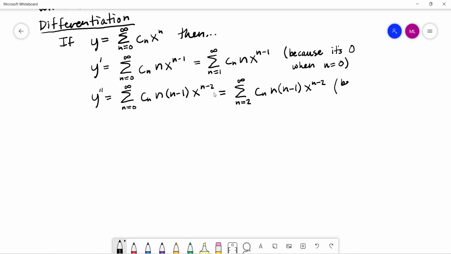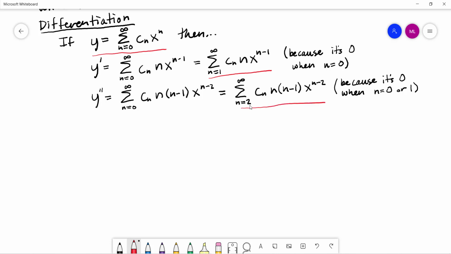Okay, so for the same reasoning, because it's 0 when n equals 0 or 1, we can start at the index 2 instead. So basically, this piece right here, this piece right here, and this piece right here are going to be important.